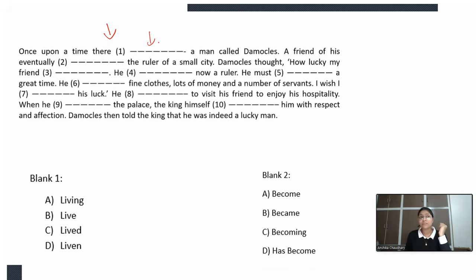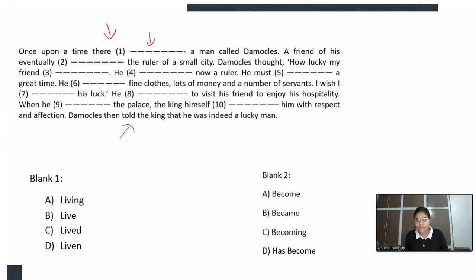So this is what I would say is a not escapable topic. And it is also the favorite part of one more company, Deloitte. Once upon a time, there was a man called Democles. So according to this line, we are very sure that we are talking about the past.